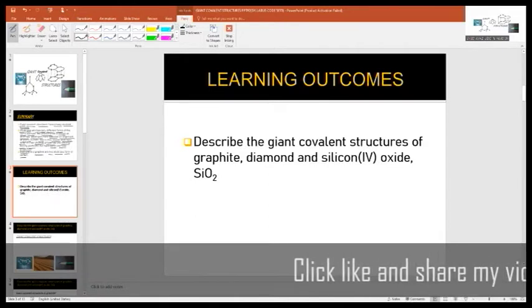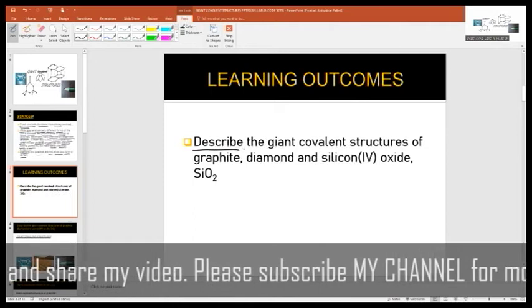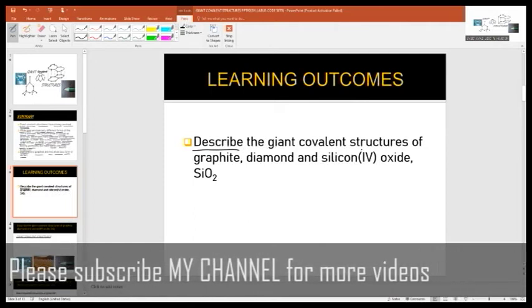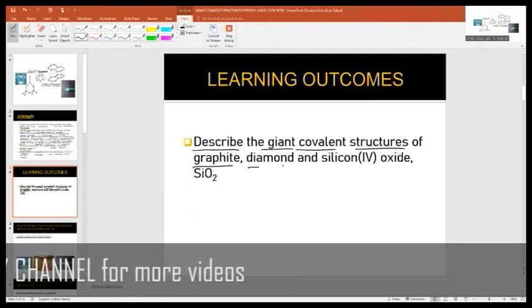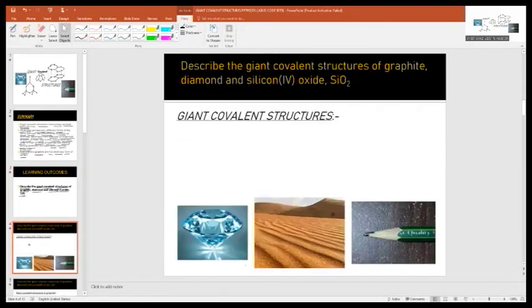The learning outcome for today's lesson is the same, that is, describe the giant covalent structures of graphite, diamond, and silicon(IV) oxide, SiO2. These are some examples of elements or compounds having giant covalent structure. I have already told you their names.